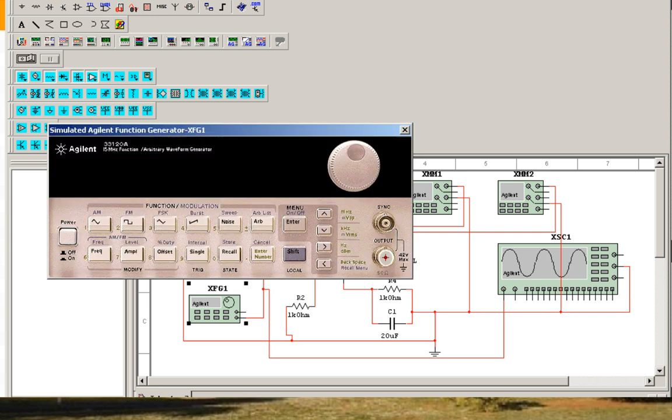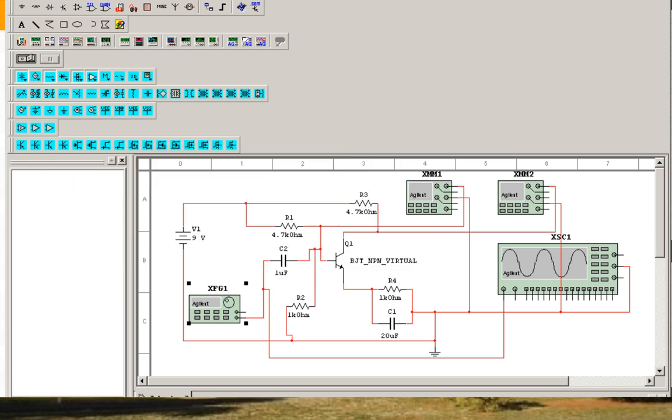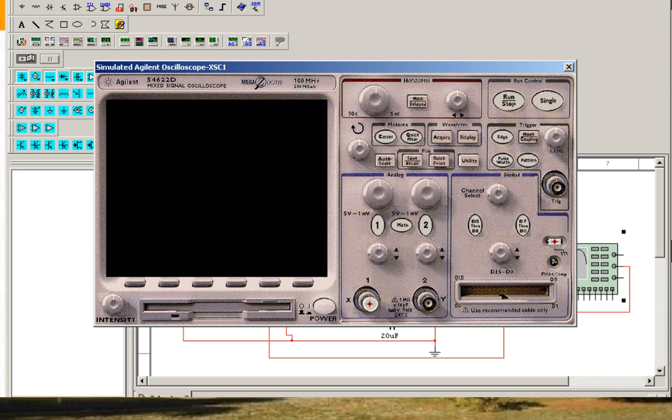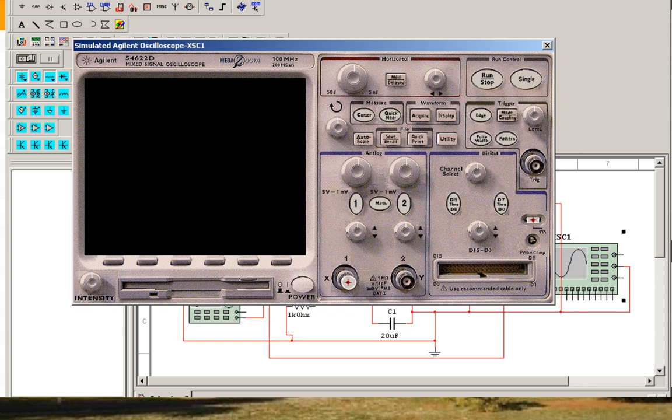A is going to be our input signal. Now, if we look at the function generator, there's a sync output. If we look at the scope, there is a trigger, so you want to trigger on the input.